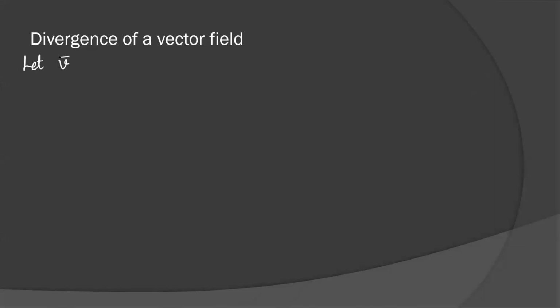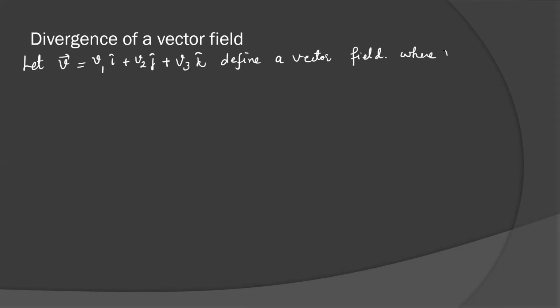Let V equal V1 i plus V2 j plus V3 k define a vector field, where V1 is a function of x, y, z, V2 is also a function of x, y, z, and V3 is also a function of x, y, z.